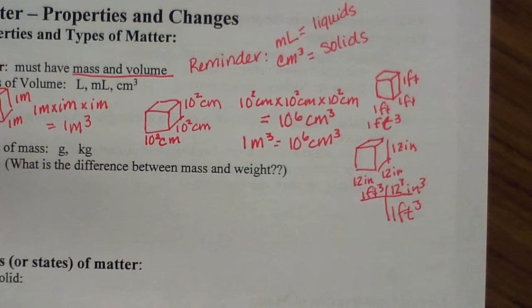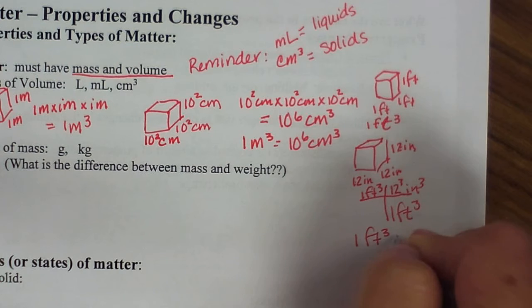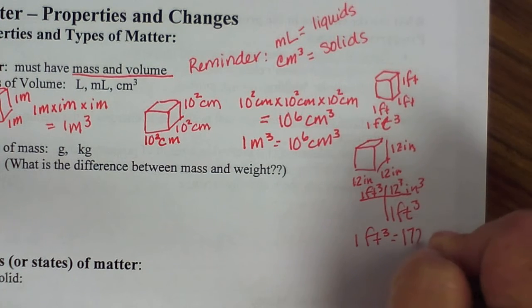How are we doing? Okay? So that's going to give me 1 foot cubed is equal to 1,728 inches cubed.